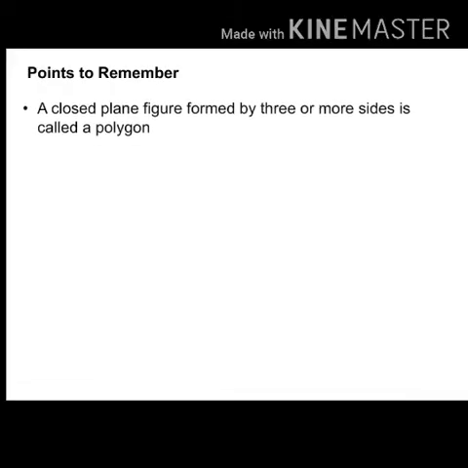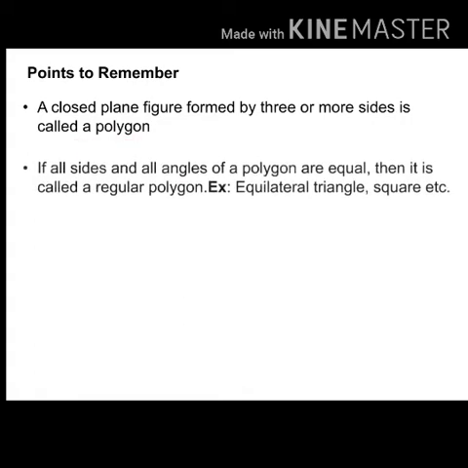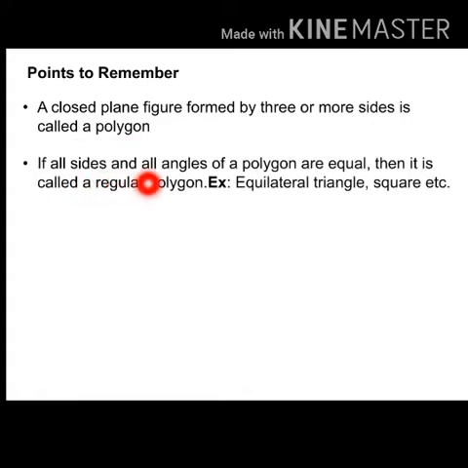Points to remember. A closed plane figure formed by 3 or more sides is called a polygon. If all sides and all angles of a polygon are equal, then it is called a regular polygon.